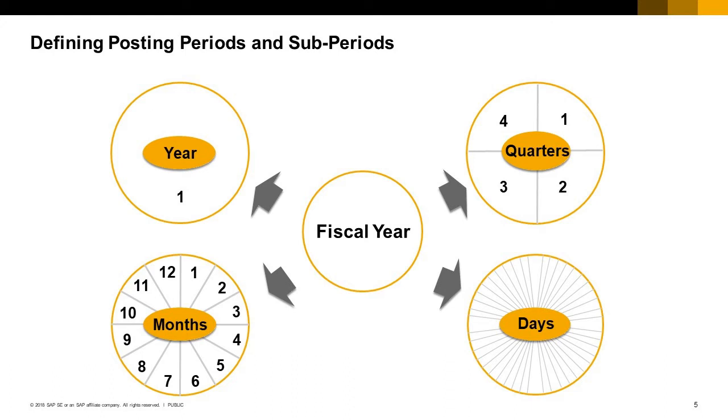Quarters have 4 sub-periods. Months contain 12 sub-periods. And days can have any number of sub-periods. Using your selection, the system automatically creates the corresponding number of posting periods. A reason for defining sub-periods will be the ability to lock a past period so that no additional postings can be made by any user.